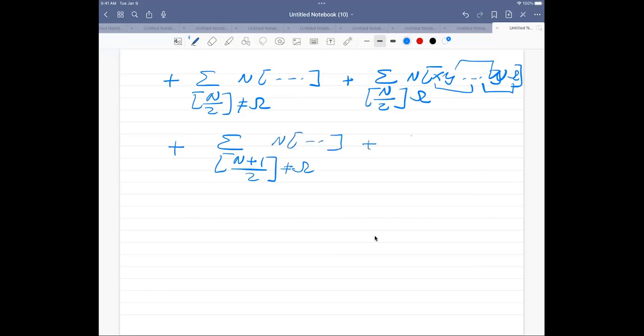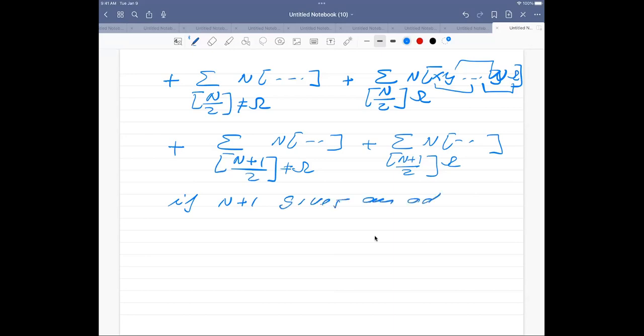So I just write it in a more compact way here of n plus 1. And this includes omega. And if n plus 1 gives an odd number, then we always have one operator which is uncontracted. Then we end up with one operator which is uncontracted.